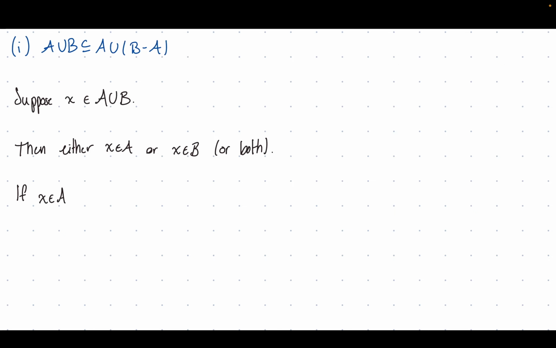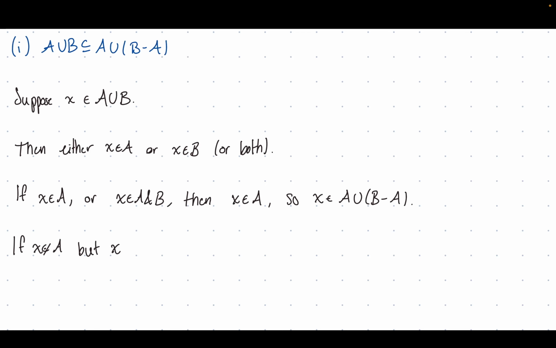If X is in A, or alternatively, if X is in A and B, I'm going to consider both of these simultaneously, then clearly X is in A. So X is going to be in A union B minus A. And then that last case we have is if X is not in A, but X is in B. I'm just rewriting it, and X is not in A. Rewriting it in our formal language, that is, X is in B minus A, which implies that X is in A union B minus A. Cool.